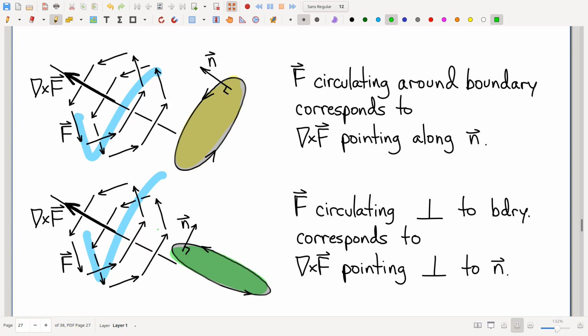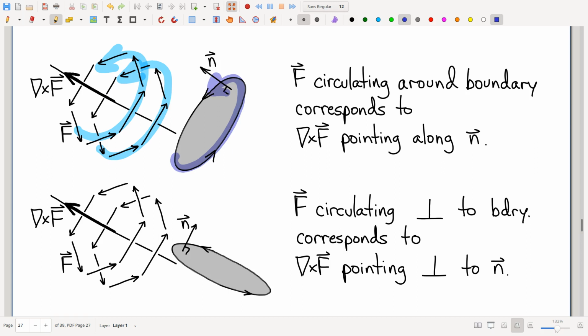Qualitative only on this. So let's see here. So circulation. What do we expect when we're looking at a flow like that and a boundary curve like that? Intuition only.